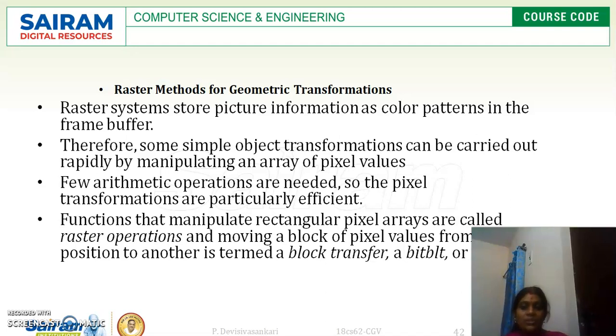Functions which are used to manipulate rectangular pixel arrays are called raster operations. Here we are moving a block of pixel values from one position to another, which is called a block transfer or a bitblt, right? So this is called the raster method for geometric transformations.